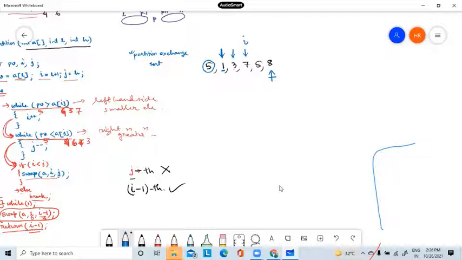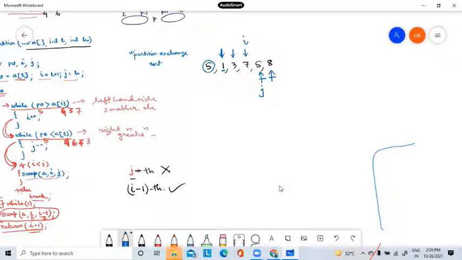Now j will start. j will check whether it is greater than pivot or not. See, 8 is greater than pivot, so it will move forward. Clear? Now this one is not greater than pivot, so it will stop. So what is the next step?